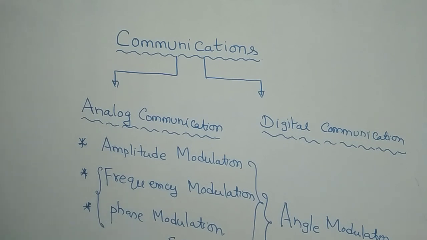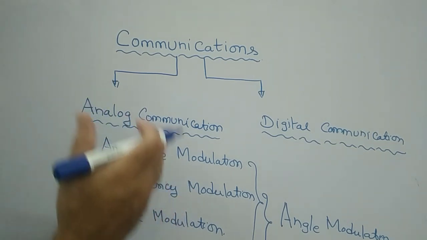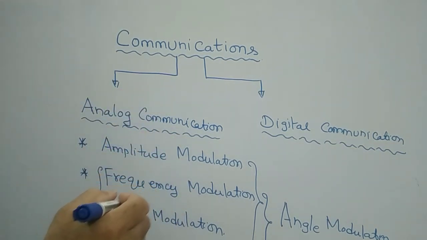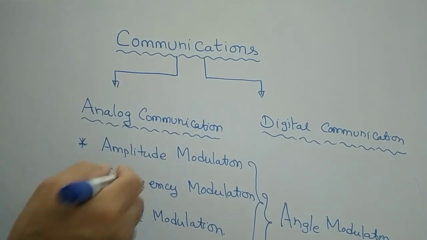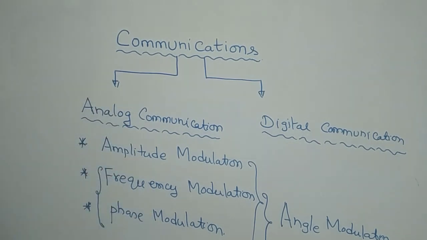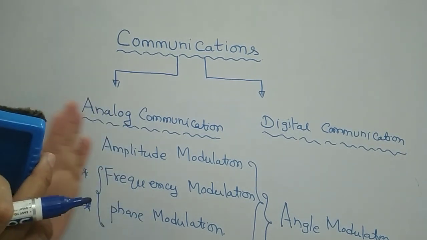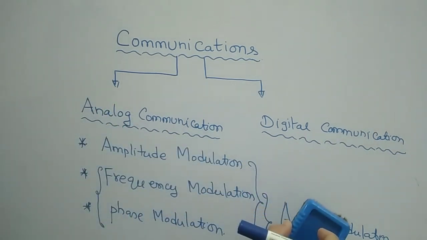We can see what is single sideband and what is double sideband suppressed carrier signal afterwards, because these are the very important basic building blocks of analog communication. These are the three important modulations, and after knowing this, we can go a little further into the extensions of these modulations.